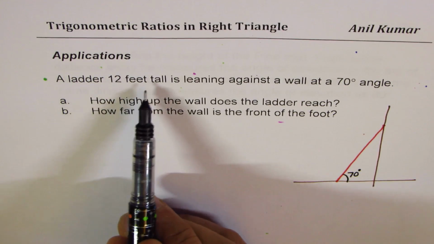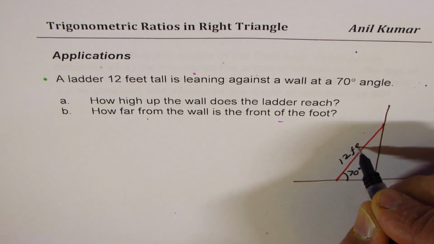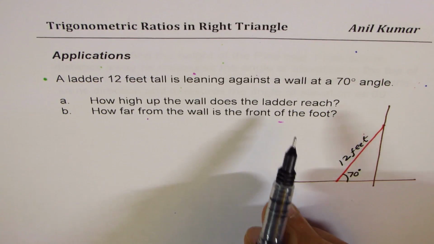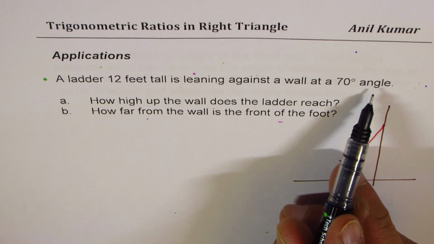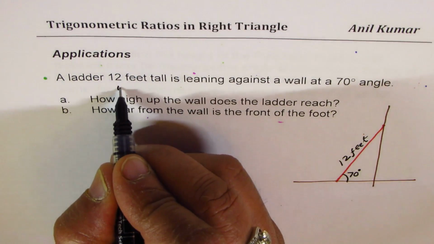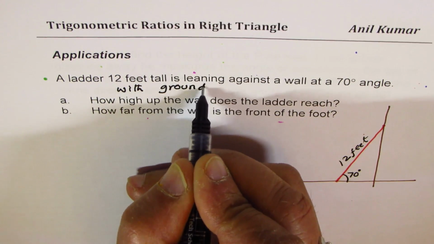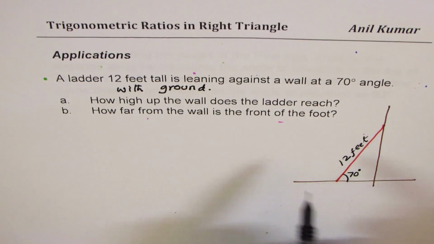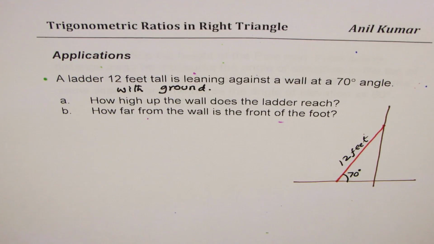So 12 feet, that means the length of the ladder against the wall is 12 feet, at an angle of 70 degrees. So 70 degrees angle with the ground, let me write down, just to be clear. So I'm adding 70 degrees with the ground. Is that clear to you?